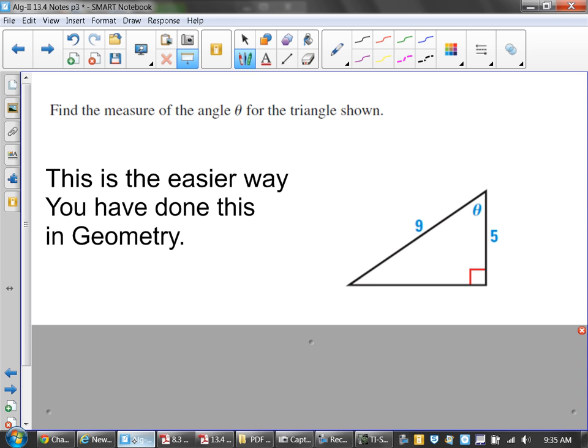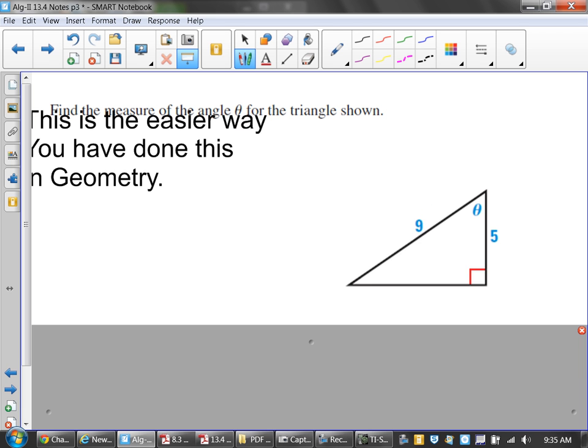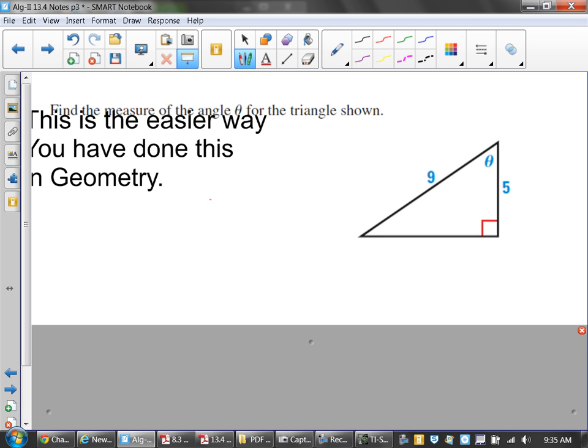All right. Again, what was it? What trig function? Inverse cosine. What'd you get for theta? What are you getting?